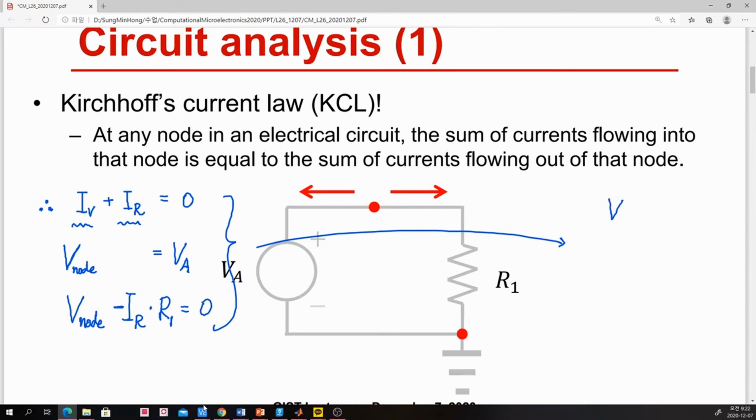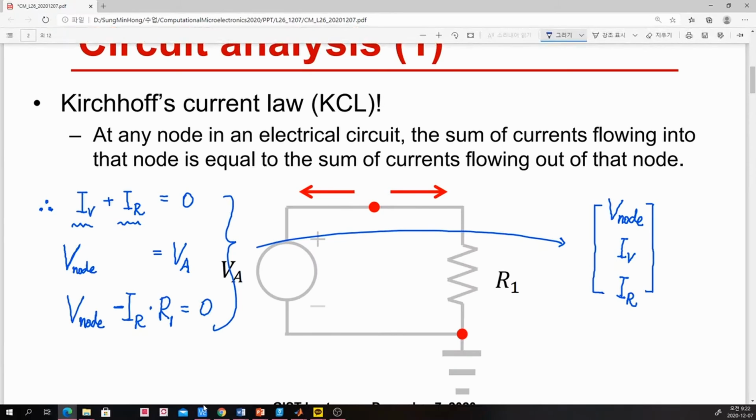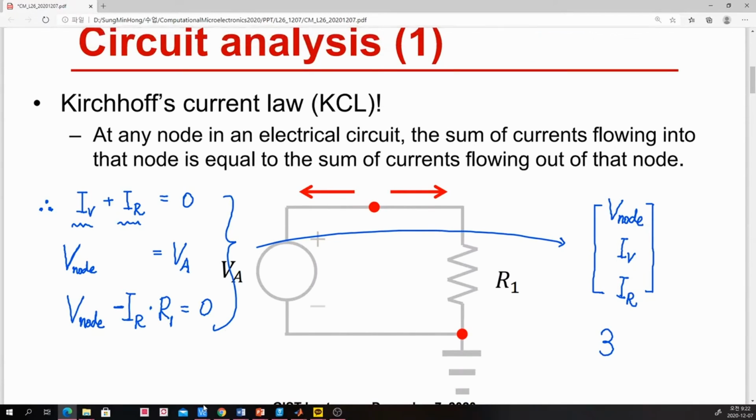The node voltage V node and the branch currents I V and I R. They are regarded as unknown variables. Then we can collect them all. Let's solve it together.